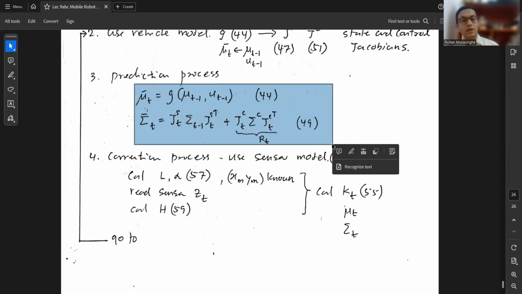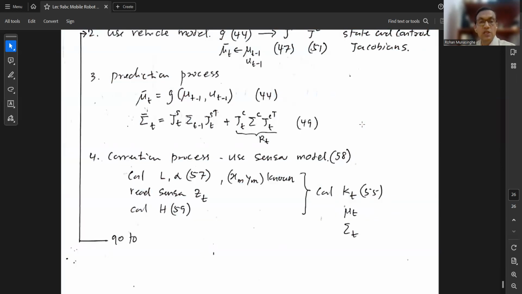Okay, mu bar t and sigma bar t, right? Using the vehicle dynamic model and also the Jacobians, you can calculate the predicted position of the robot and the predicted covariance. That is the predicted probability distribution function, the second distribution function. All right.